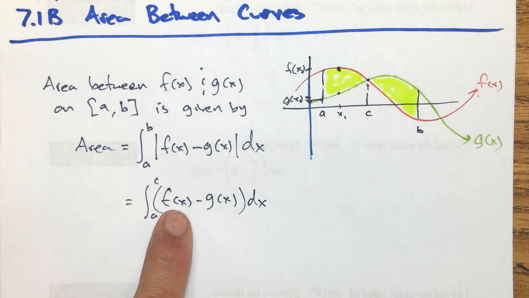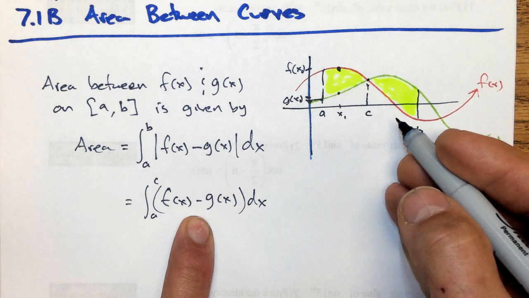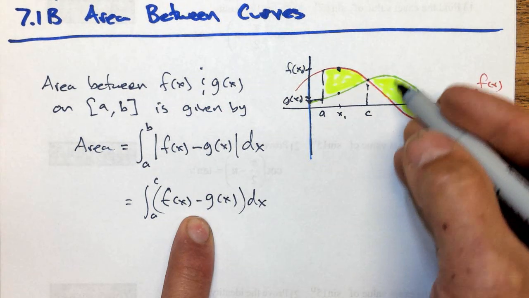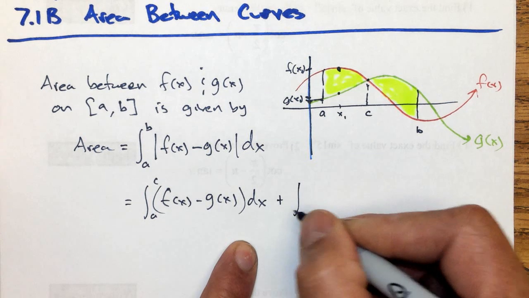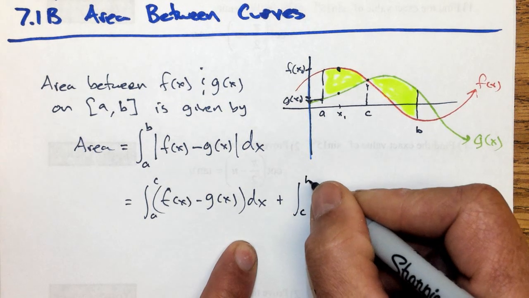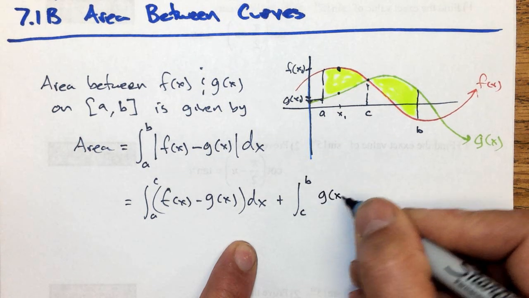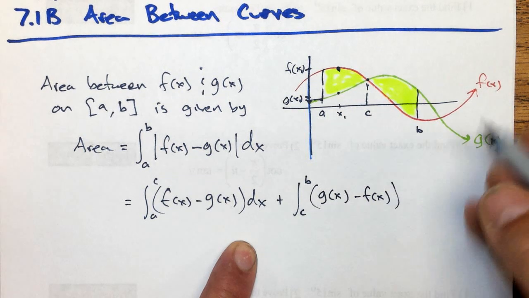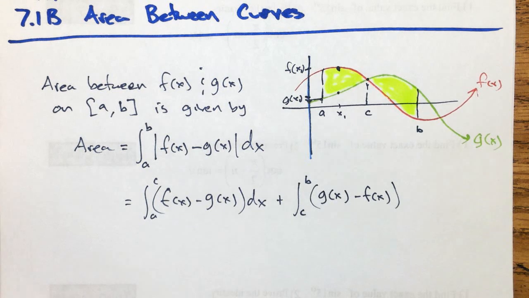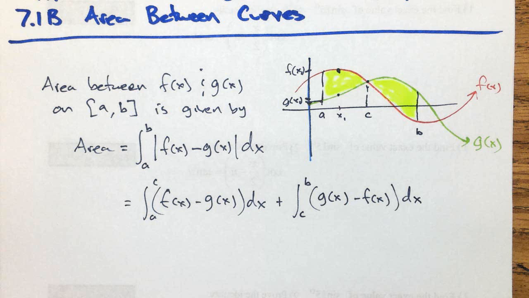I'm getting rid of the absolute value because if I do it by hand, I just have to know if this is going to be positive or negative. Then I've got it the other way around, so that would be plus the integral from c to b, this part right here, of g of x minus f of x, because in this case the g of x function is greater than the f of x function. So that's how I could rewrite this area.